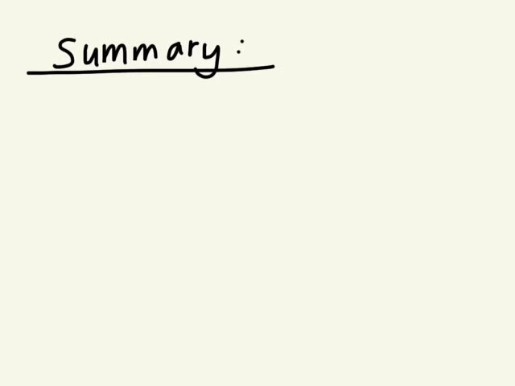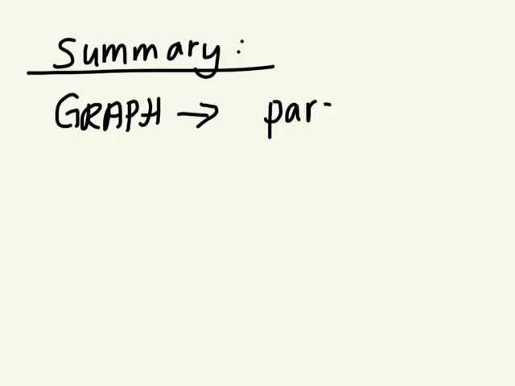Okay, so in summary, how can you tell by looking at a graph if it's quadratic? What does it have to look like? Yeah, if it's a parabola, so if it's symmetrical, oops, that's not very symmetrical. Okay.